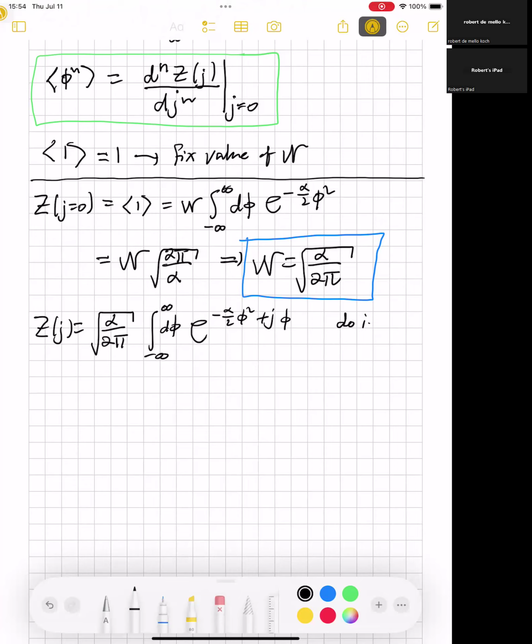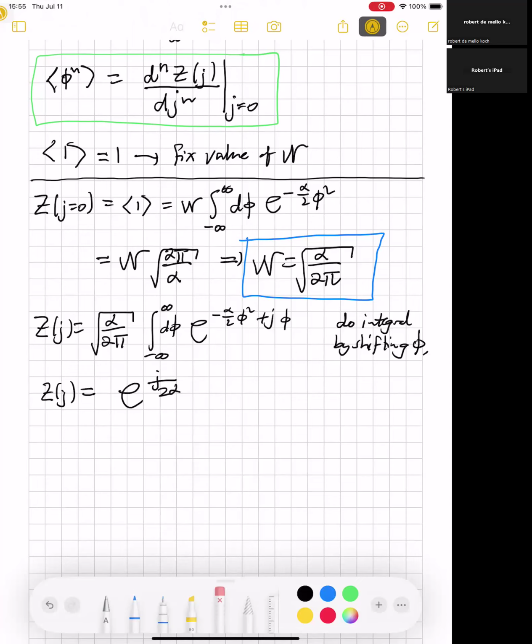So do the integral by shifting phi. It would be a good exercise for you to see if you can do that, straightforward exercise. If you go ahead and do that, you'll learn that Z of J is equal to e to the J squared over 2 alpha. So there's our second result. Nice explicit formula for Z of J.